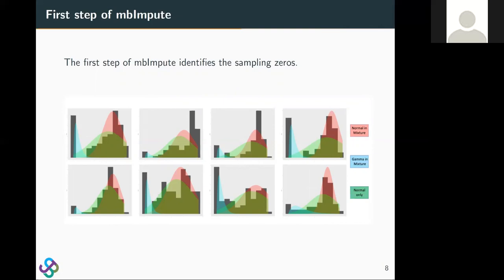But if we see a mode near zero, it suggests sampling error that needs correction. That's the rationale. So we compare a one-mode distribution represented by a normal only versus a mixture model to see if there's strong evidence of zero inflation. If there is, we decide which entries belong to that zero inflation, identify them, and then correct them.